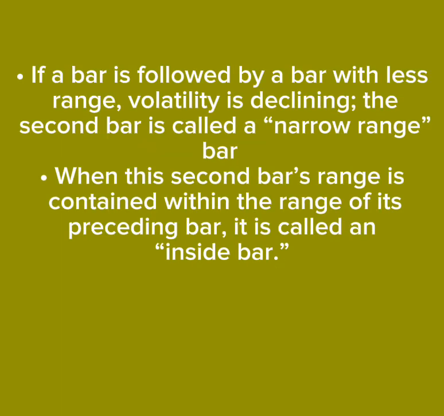If a bar is followed by a bar with less range, volatility is declining. The second bar is called a narrow range bar. When this second bar's range is contained within the range of its preceding bar, it is called an inside bar.